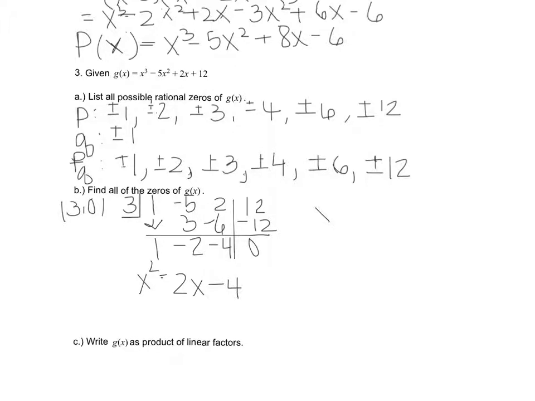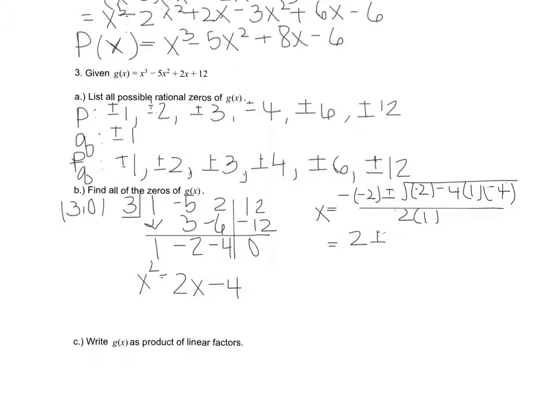So we get x equals -2 plus or minus the square root of -2 squared minus 4 times 1 times -4, all over 2 times 1, which is 2 plus or minus the square root of 4 plus -4 times 1 is -4 times -4 is positive 16, all over 2.